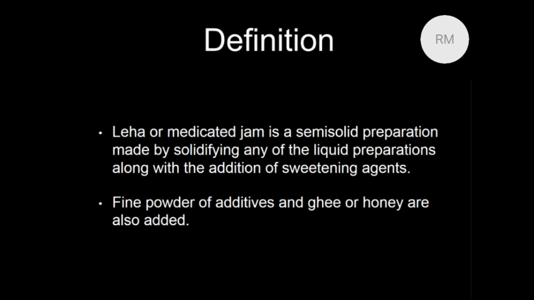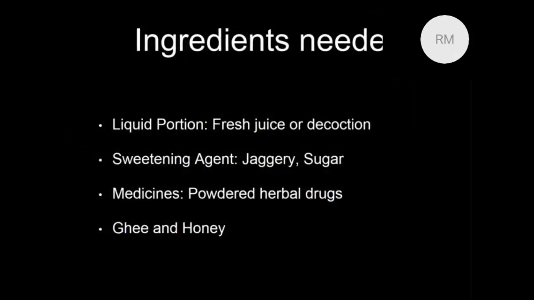And now let's look at what ingredients are needed. So again, here you need a liquid portion, which can be a fresh juice or a decoction. And then you need jaggery or sugar. By the way, do you know what is the main ingredient in Chyavanprash?